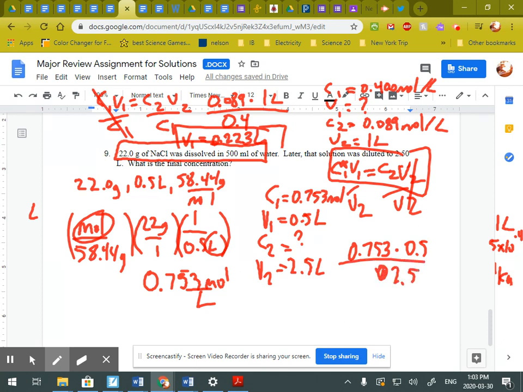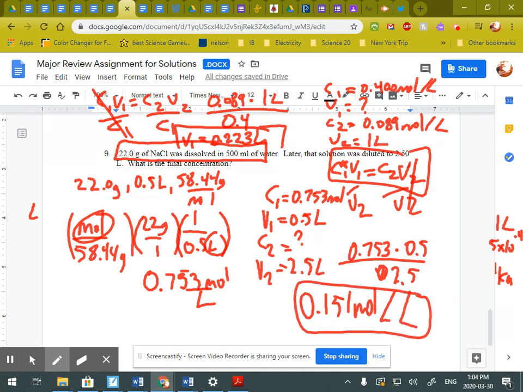So we throw their numbers in there. 0.753 times 0.5 divided by 2.5. I get a final concentration of 0.151 moles per liter. And that makes sense, right? We started with a more concentrated amount. Now that's our less concentrated amount, our C2.